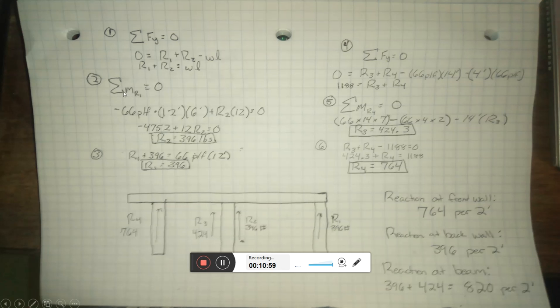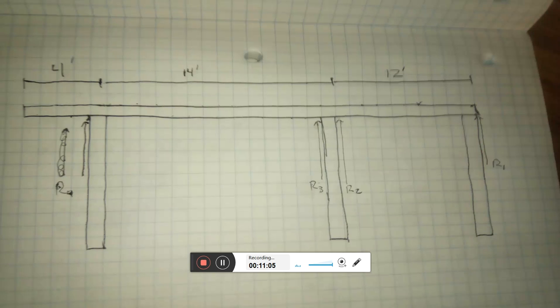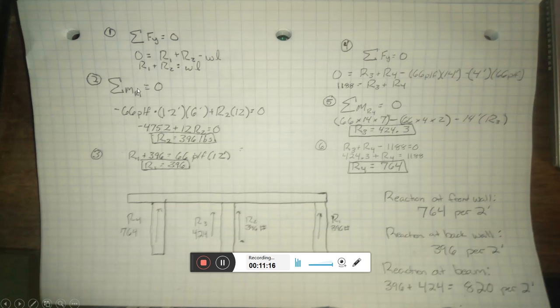So right here you have to take the moment around R1, and the reason you have to do that is because it's not an evenly placed load and we have this overhang right here. So you take the moment around R1 and you do the negative 66, which we found from the rafters, times 12 feet times 6 feet plus R2 times 12.